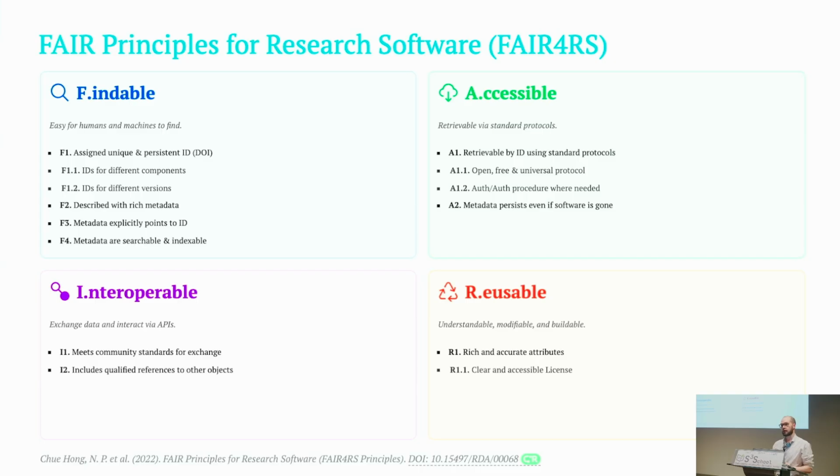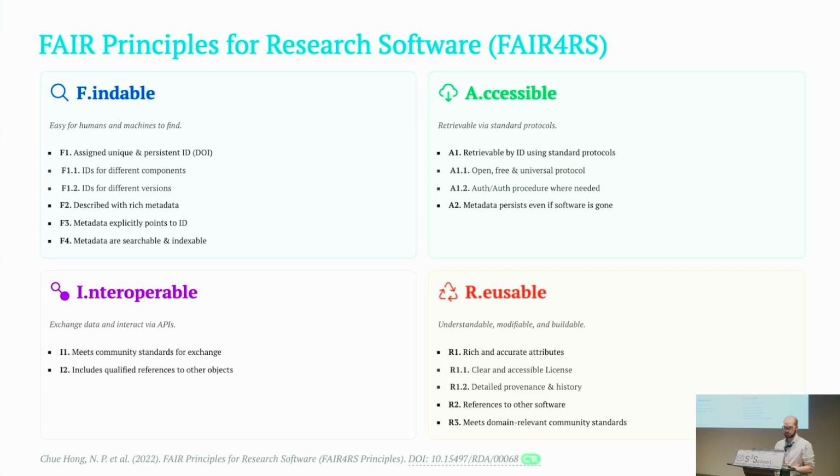For example, a clear and accessible license. We'll see why this is very important. A detailed provenance and history, so how it has been built. So for example, the Git history will help for that. You should add references to other software if you use other software. And meet the domain-relevant community standards.